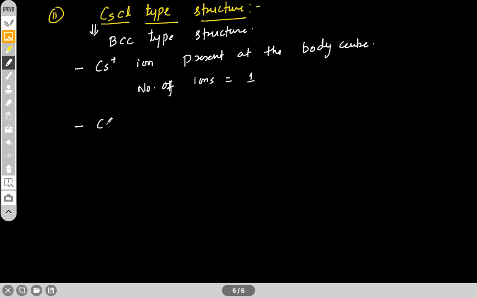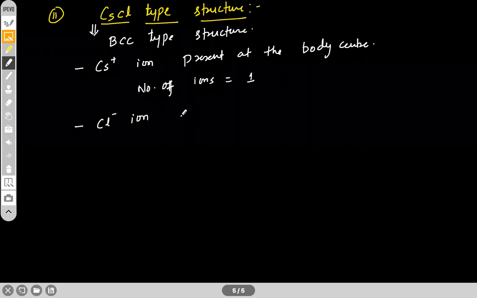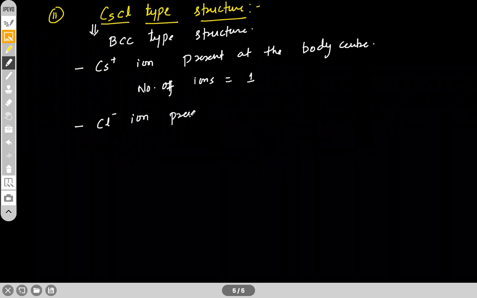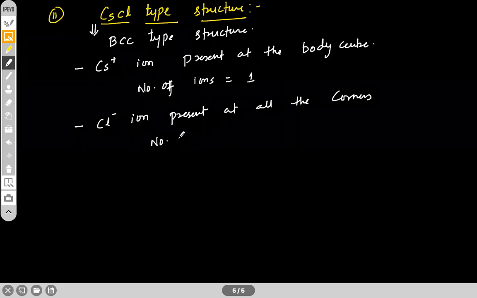Similarly, if you see the Cl minus ion, it is present at all the corners. So the number of ions is also equal to 1 by 8 into 8, that is 1.